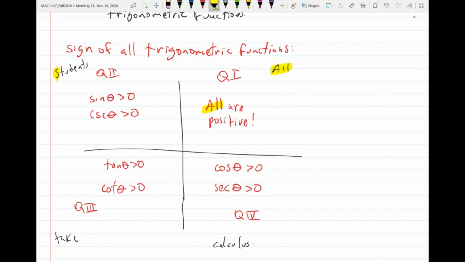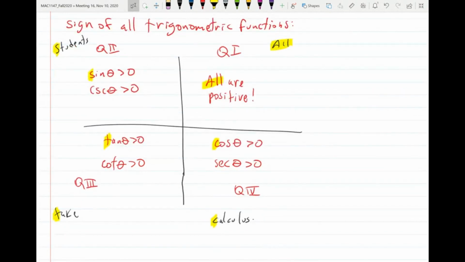Students begins with an S, so that tells you the sine is positive in quadrant 2, and therefore you can deduce that cosecant has to be positive. Then Take begins with a T, so that's tangent. And then Calculus begins with a C, that's cosine. That's what people use, it's something just to remember these things. But just do whatever works for you. Remember the sign of the functions in each of the quadrants.